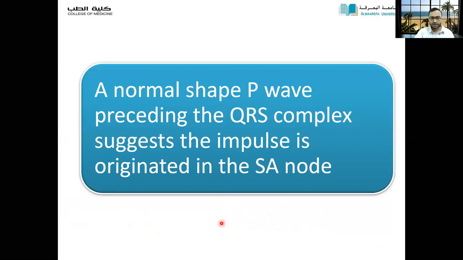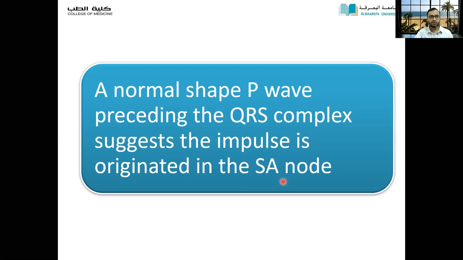One more important thing I want you to fix in your mind, make a knot in your neurons, about the P wave that we are going to utilize when we are analyzing arrhythmias. A normal shape of P wave preceding the QRS complex suggests the impulse is originating in the SA node. Remember this, it is only suggestive. I'm not telling you that the P wave indicates the beats are originating in the SA node.